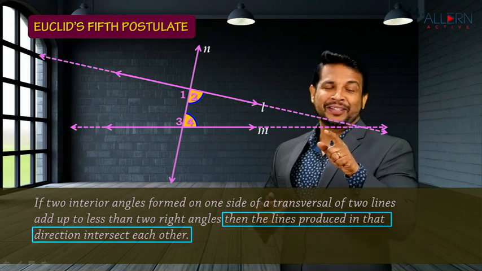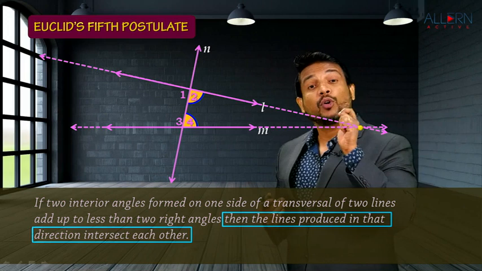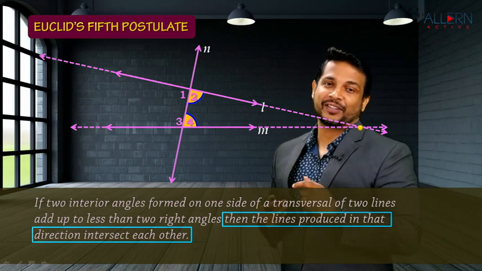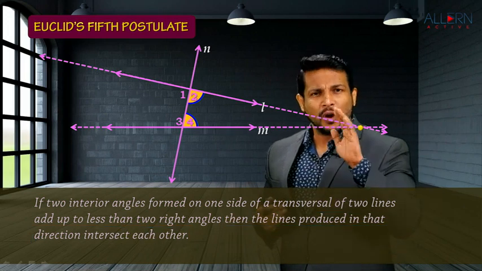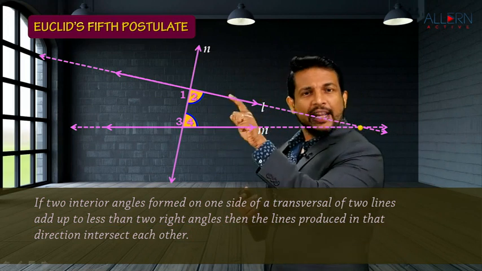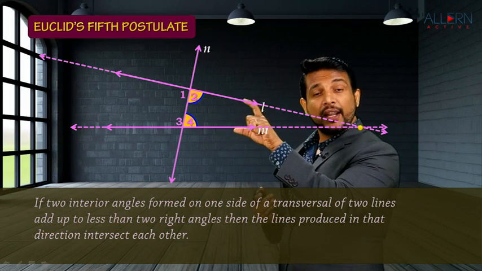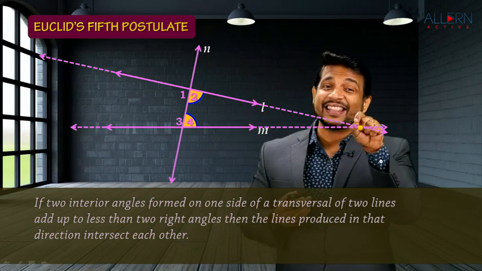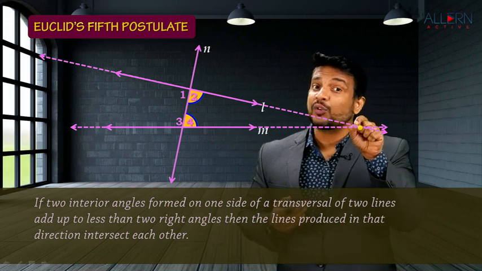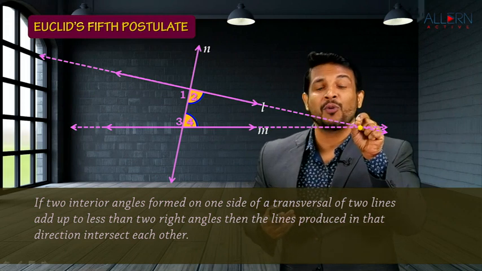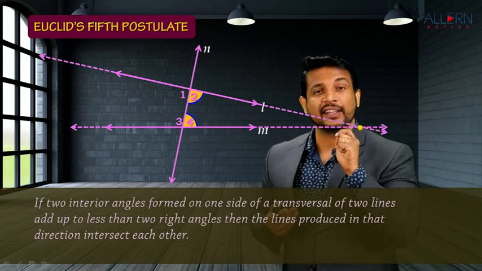From the same concept, the concept of parallel lines came into existence. Now that is very important. You know how? If the sum of the interior angles is less than 180, then when we extend the lines in that direction, we know that they intersect.